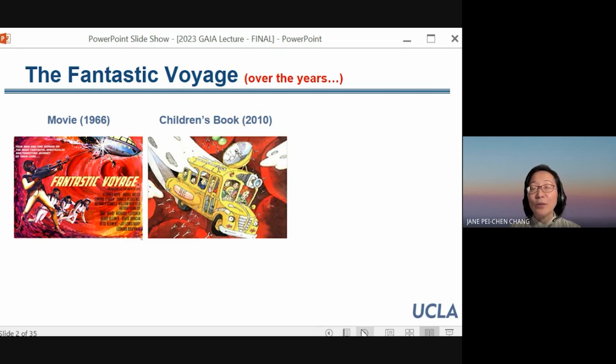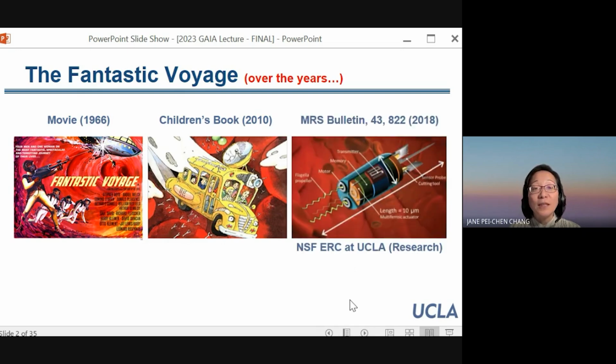How is that relevant to the research that I do? About 10 years ago, the National Science Foundation established the Engineering Research Center at UCLA. This research center has a grand vision that focuses on the construction of such a similar vehicle. In this case, we wanted to design a unit that has a motor that can drive this vehicle.